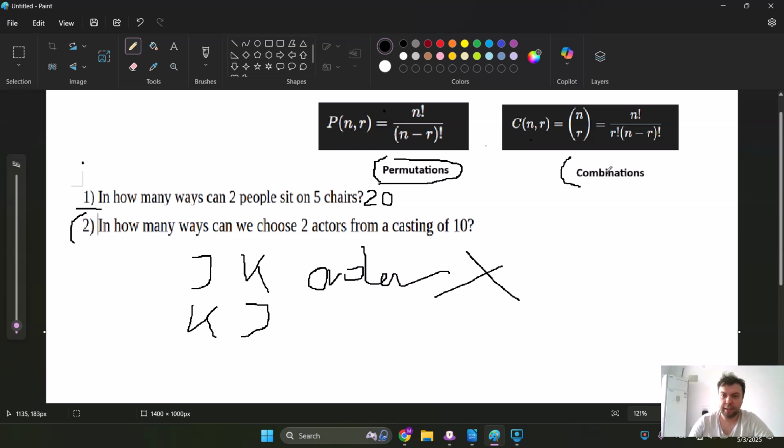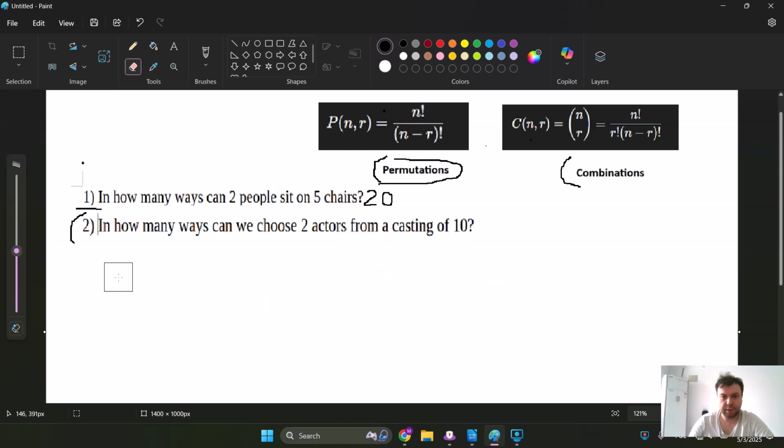then we use combinations. So we will substitute the values from the exercise into the formula and calculate how many options or how many ways there are. So the total set n equals 10.